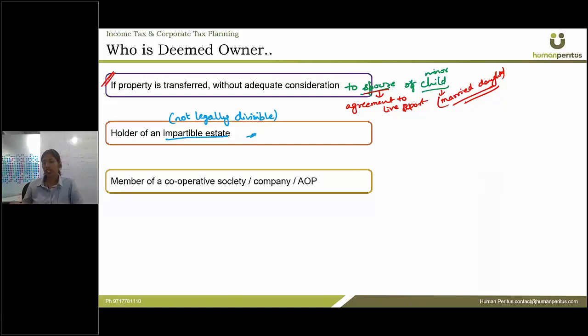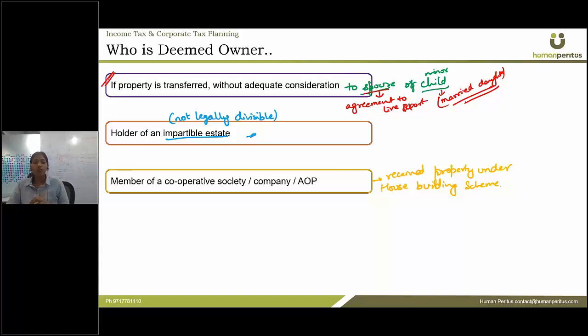Next is a member of a cooperative society, company or AOP. In the case when a member of a cooperative society, company or AOP receives a property under a house building scheme, he will be considered the deemed owner even though legally the property is under the name of the cooperative society, company or AOP.